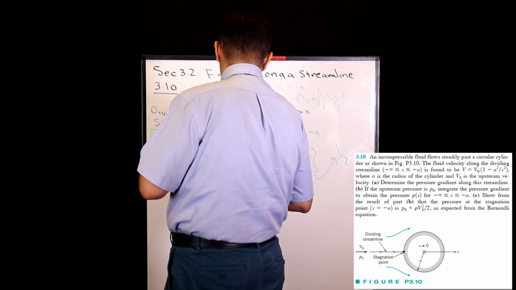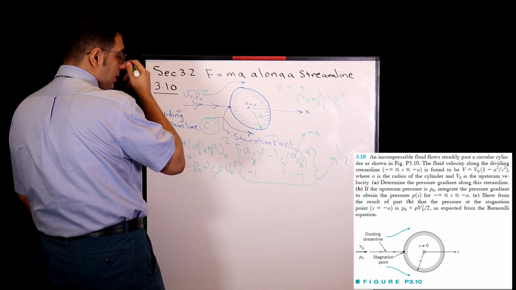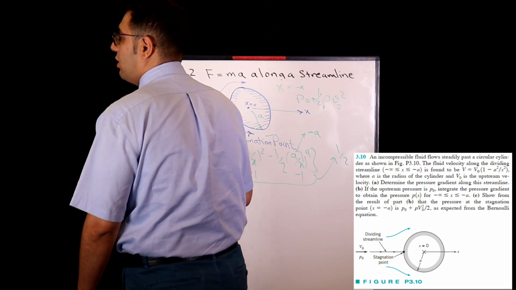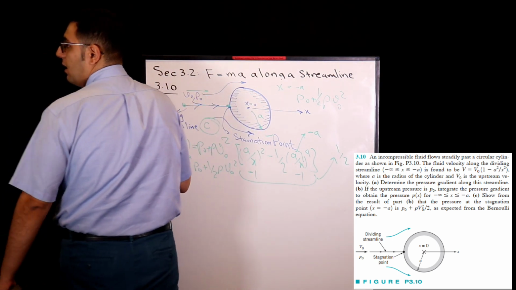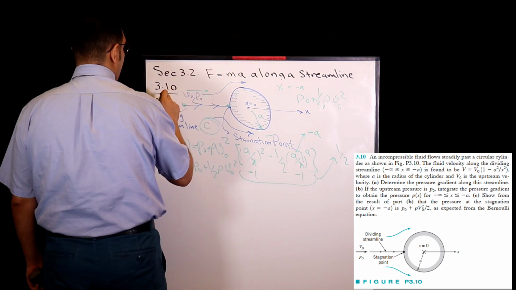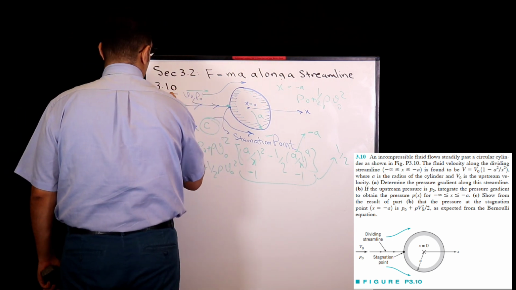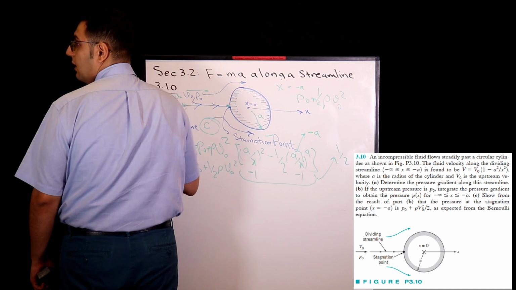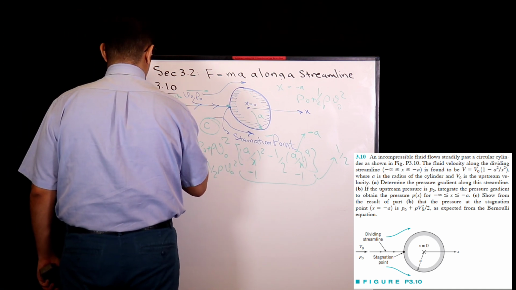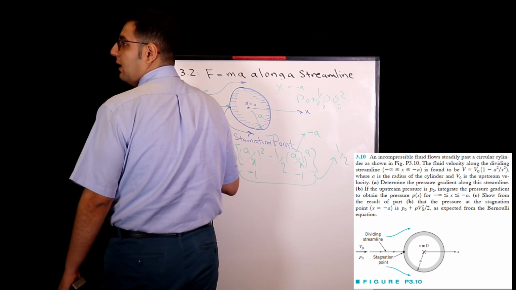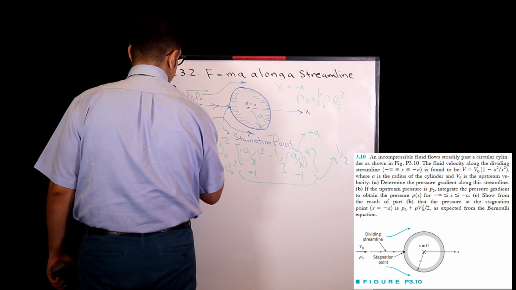There's another way to obtain this. If we write the Bernoulli equation from point 1 to point 2, at point 1 we have V1 as V0, P1 as P0, and Z1 as Z0.